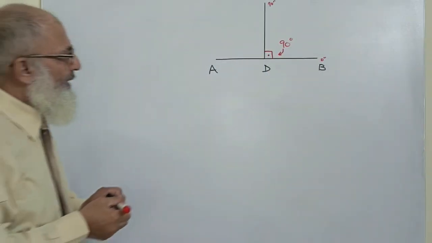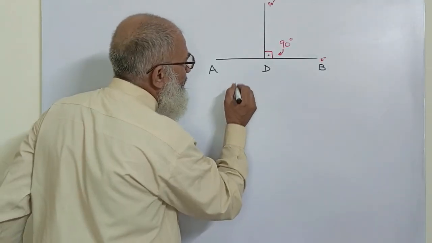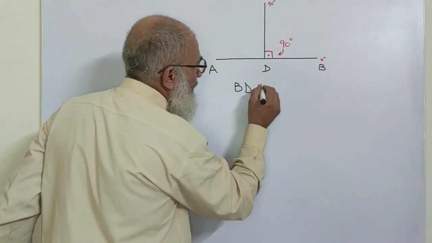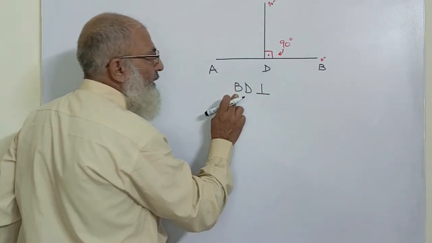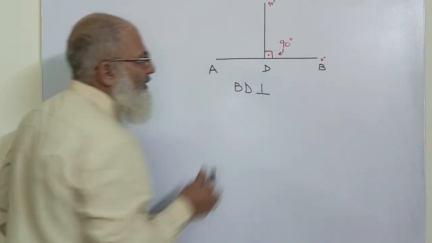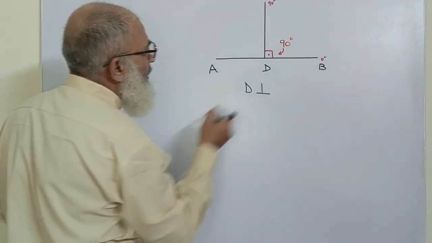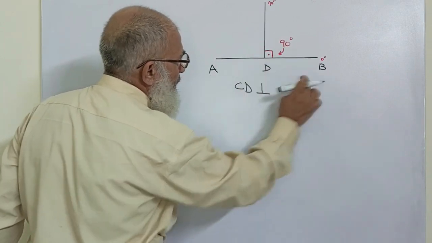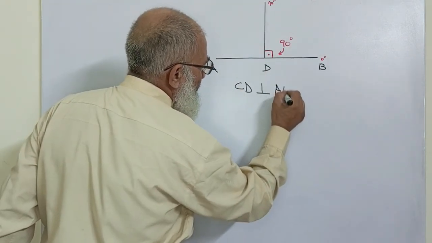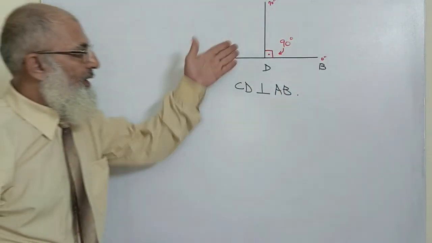So it means that BD is perpendicular upon, we can write it like this, that CD is perpendicular upon AB. Now this is the way to write the perpendicular.